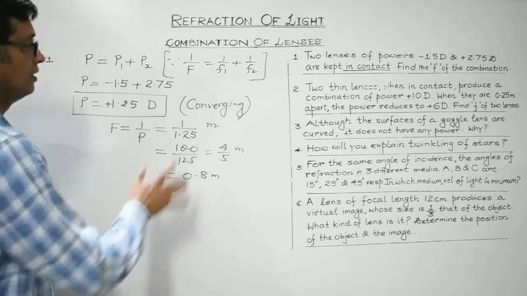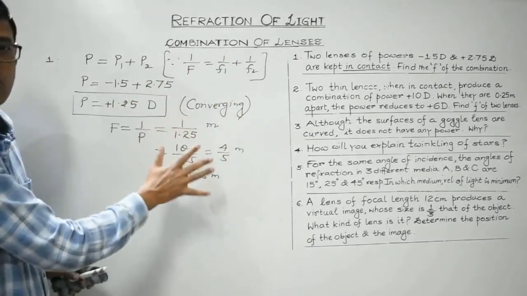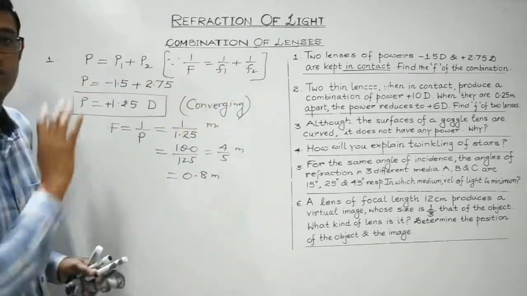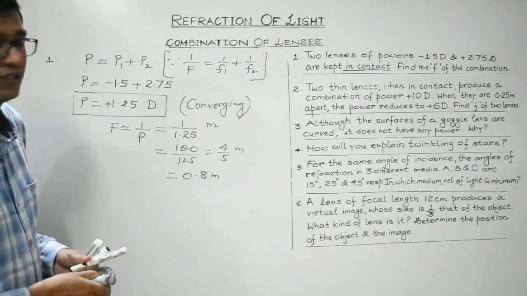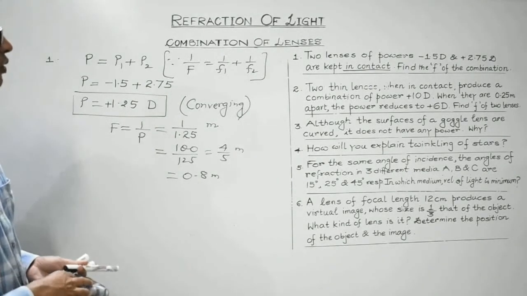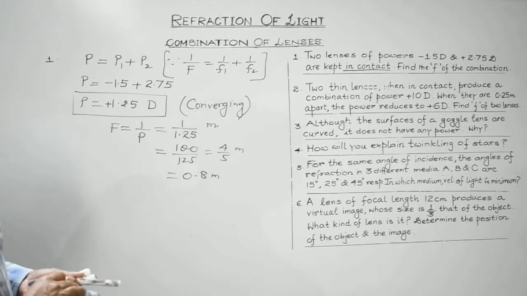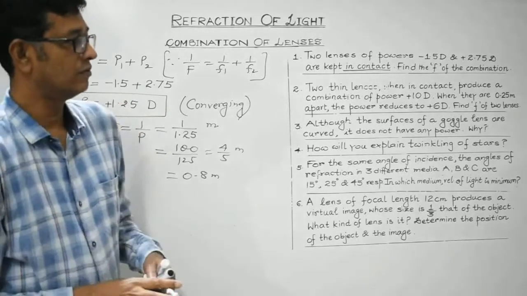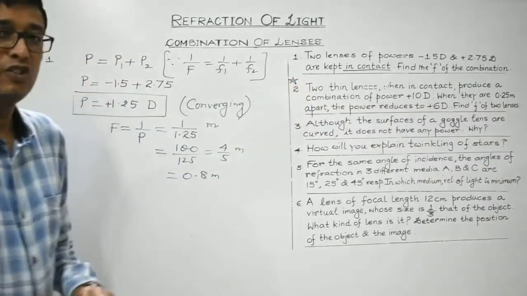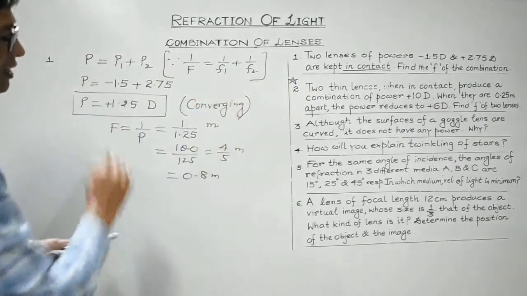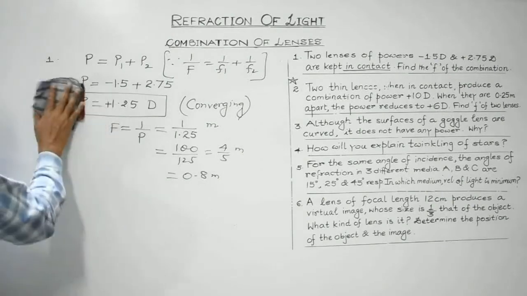I hope this is a very simple question based on the direct formula of the combination of lenses when they are in contact with each other. Right, students? So that's question number 1. Question number 2. It's a good one. We have to make use of both the formulas, right? Let's concentrate on question number 2.